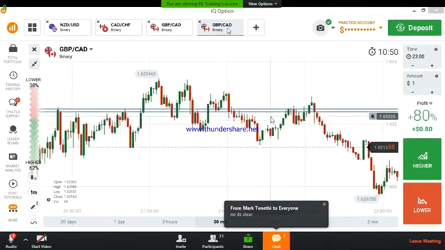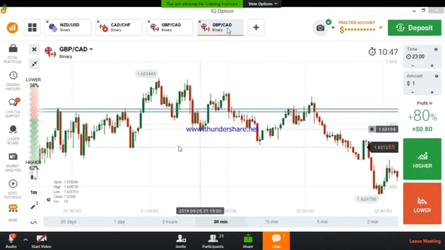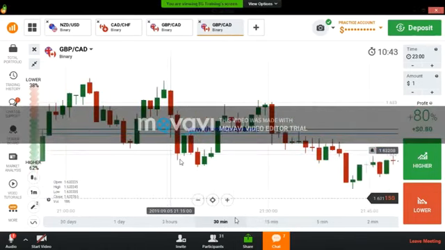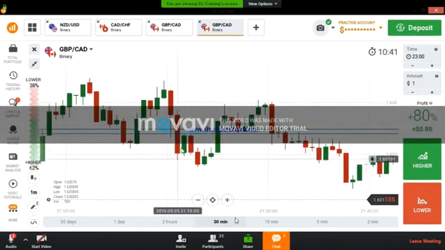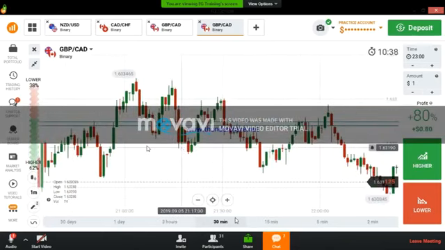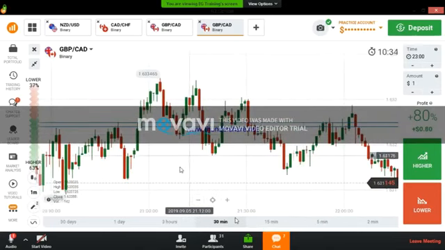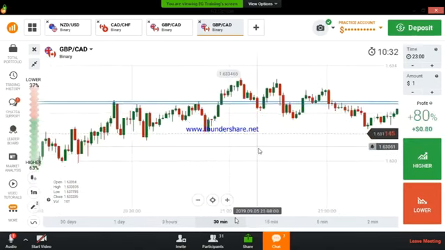We can't trust this level and this level. You can see it broke this level, it broke this level. Sometimes it will break, sometimes after breakout it will reverse, sometimes it doesn't respect. But at the strong levels, we can expect a reversal. If the market is at the strong levels, there is a chance to reverse the market.